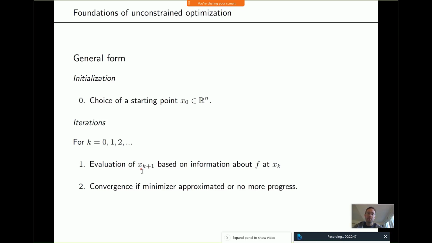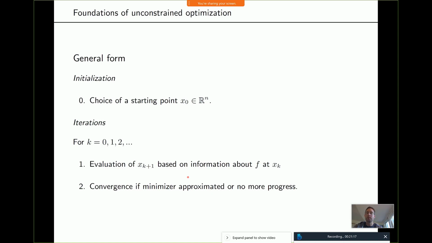At one point you want to be finished, so you stop this procedure. You either have some criterion that tells you that the iterant has now approximated a minimizer, for example, because the gradient is 0. This is why you need these necessary and sufficient conditions, and we will see that later on.